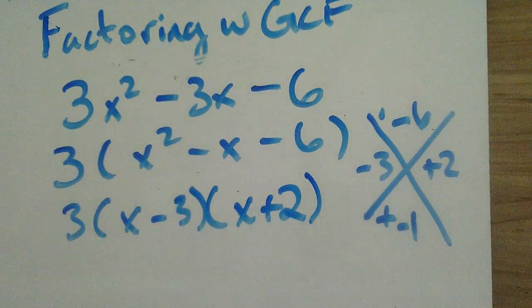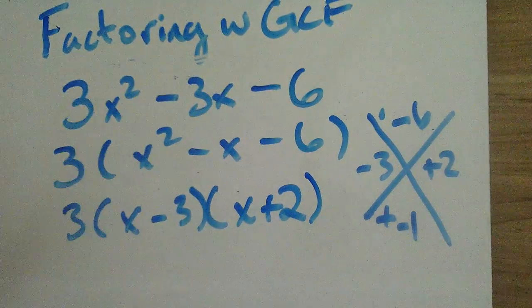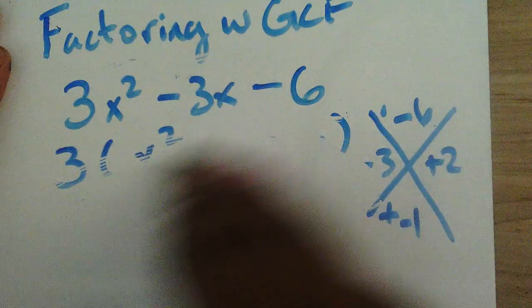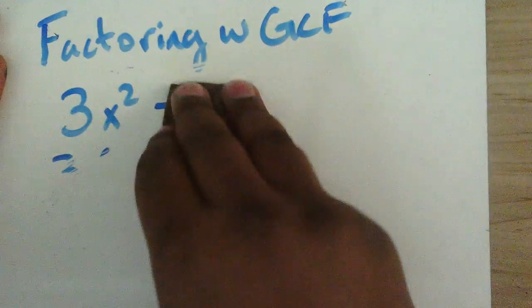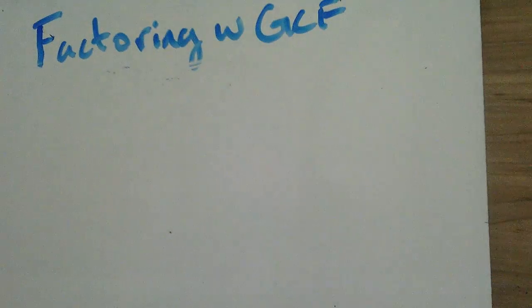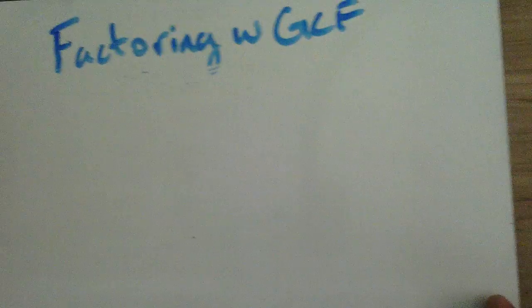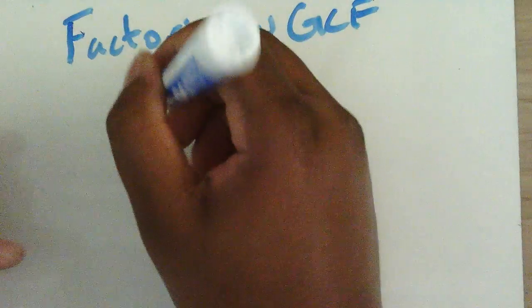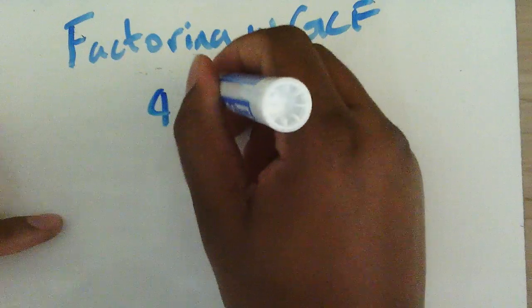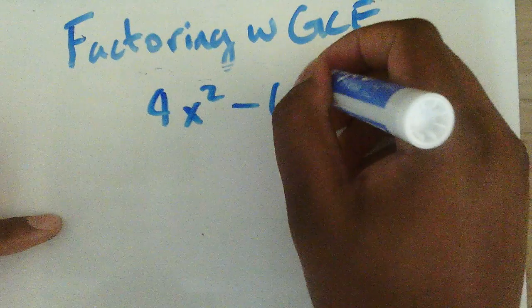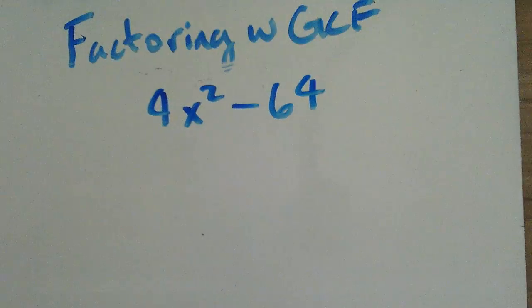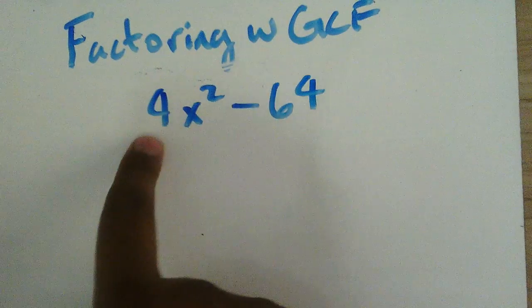Okay? Let's do another one. Let's say that I have 4x squared minus 64, or something like that. Well, what is in both of these that I could factor out?